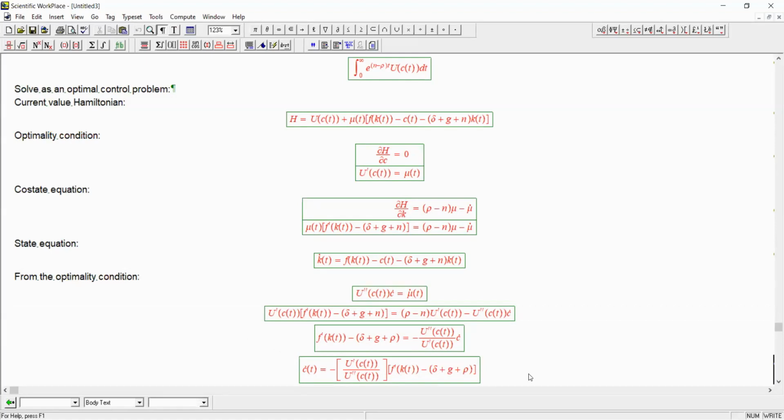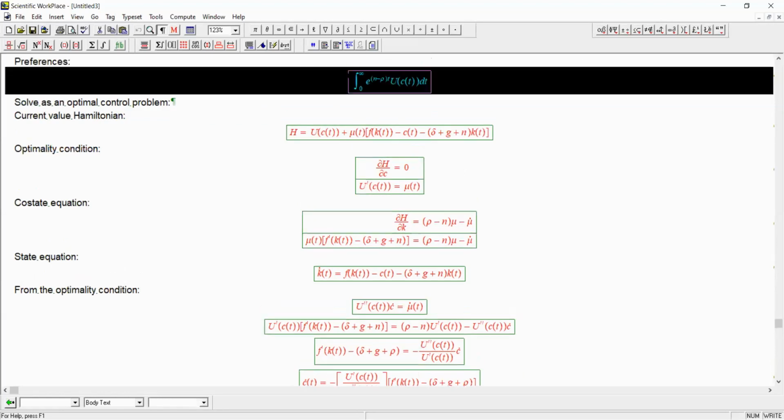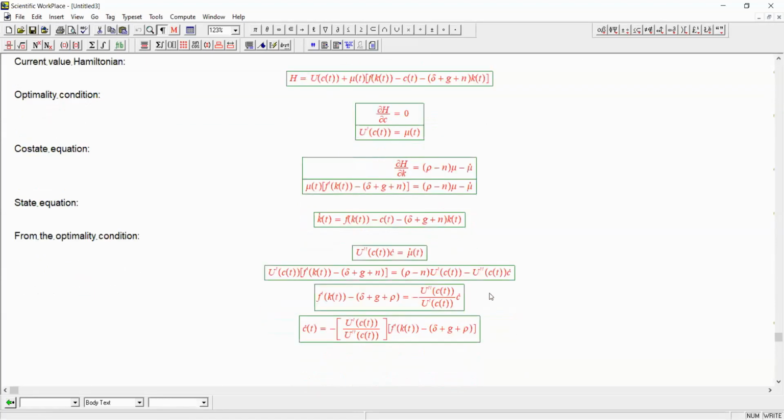Finally, so far we've been working with a general utility function here, but in practice, as we've discussed, we'll very often be using a particular form of u, which has constant relative risk aversion, and that is the following function. Now you may wonder, what is this -1 doing here?